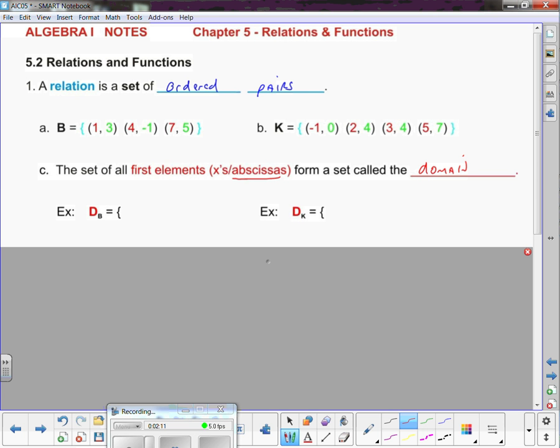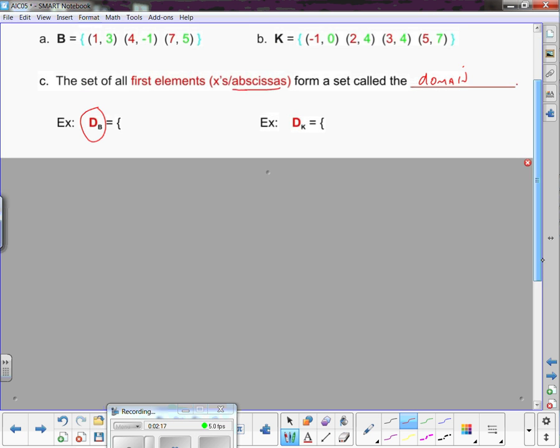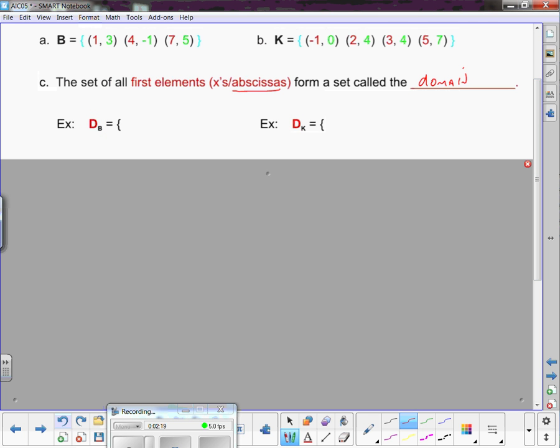So if they said to you, give me the domain of set B, that's all we're saying right here. Don't let the notation scare you. We're just saying, give me the domain, the capital D, and then the subscript B for set B. So you're simply going to list all the first ones, right? The 1, the 4, the 7. Makes sense? And don't forget, they always go in braces.